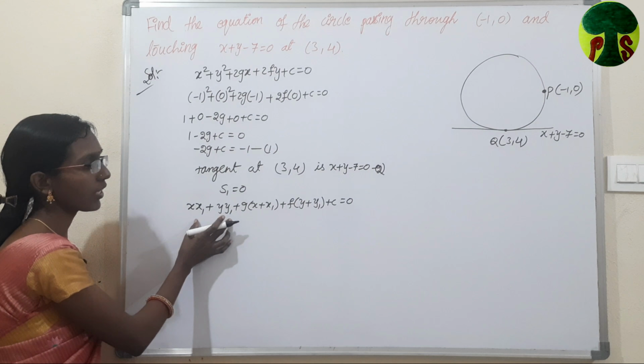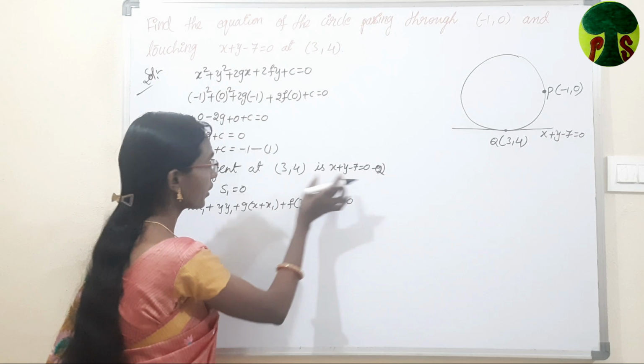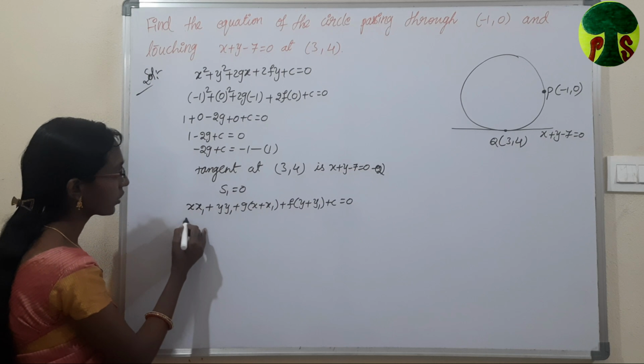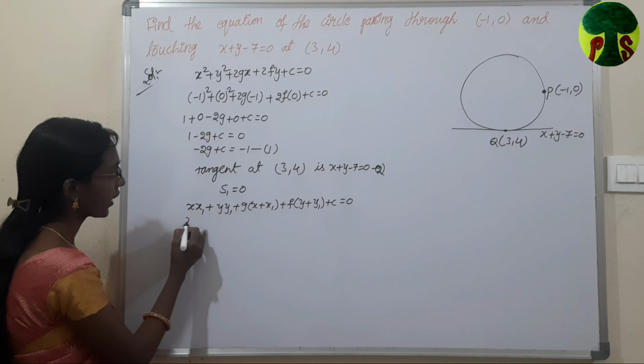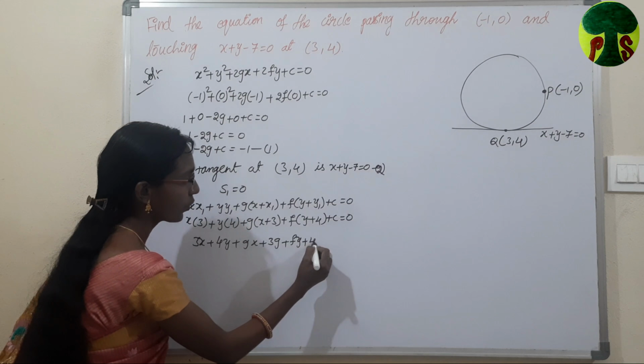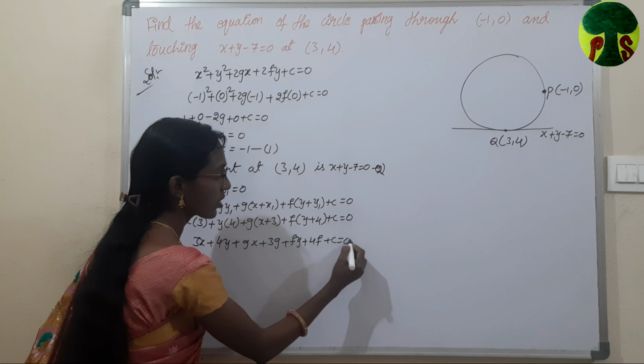Substitute the x1, y1 values, which are 3, 4. So x into 3 plus y into 4 plus g into x plus 3 plus f into y plus 4 plus c equals 0. That is 3x plus 4y plus gx plus 3g plus fy plus 4f plus c equals 0.